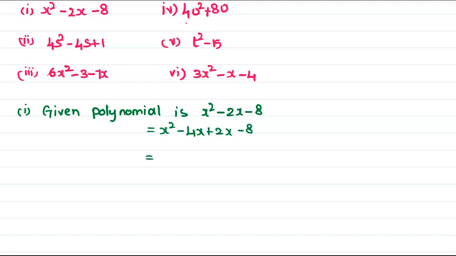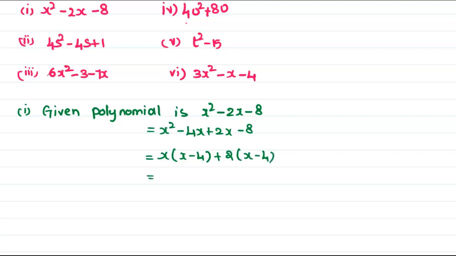So in this polynomial we have to take out the common terms. In the first two terms we take out the common x, then we get x minus 4. Plus, in the other terms we take out the common 2, so that is x minus 4 again.